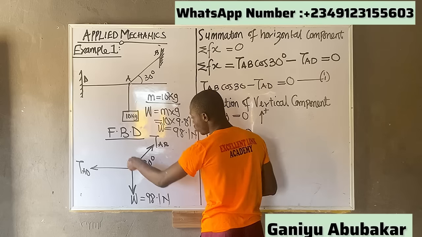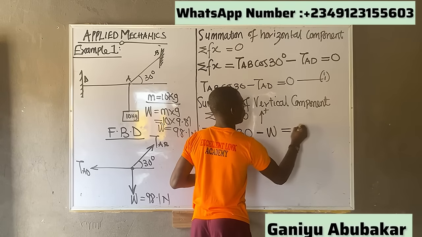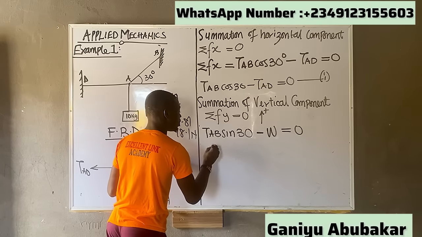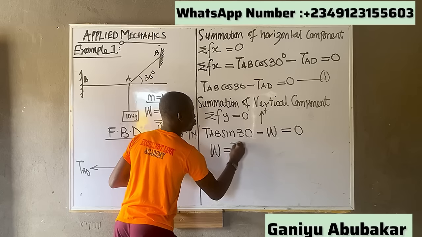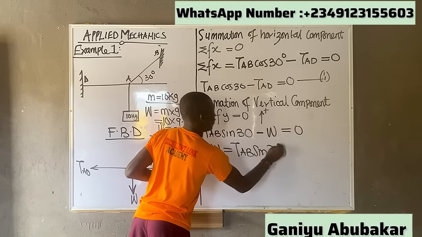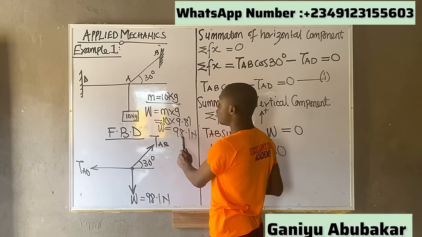Of course, W is going downward, so that becomes minus W equals 0. Taking W across, W is equal to TAB sine 30.